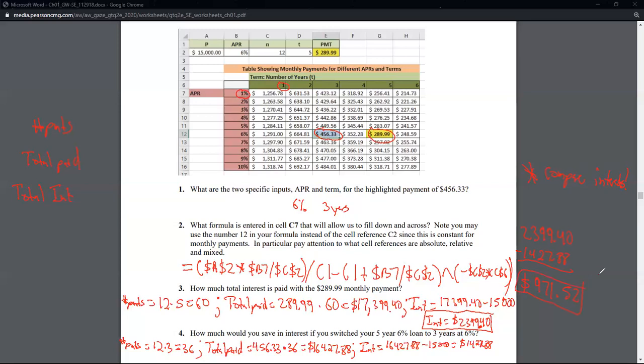This right here is our savings. This is the answer to number 4. So a person who is able to afford the 3-year loan versus the 5-year loan at the same rate ends up saving almost $1,000 that they don't have to pay to the bank or the car loan company or whatever. That's awesome.